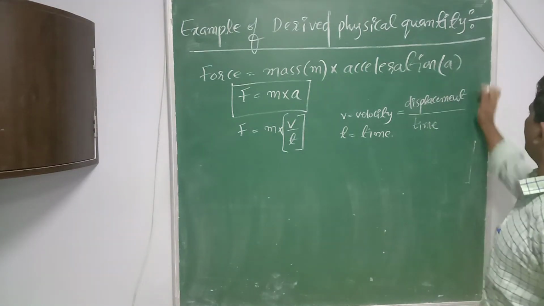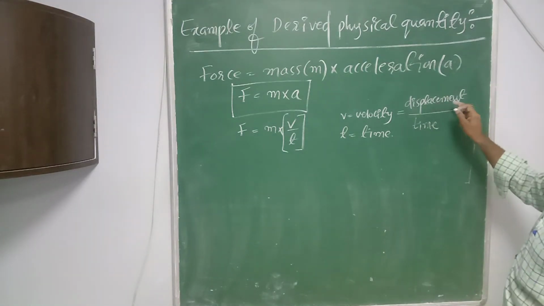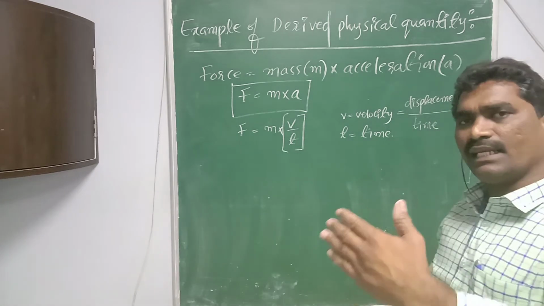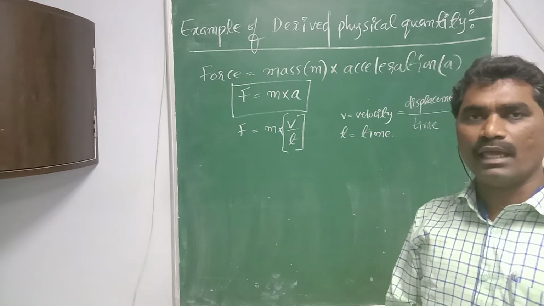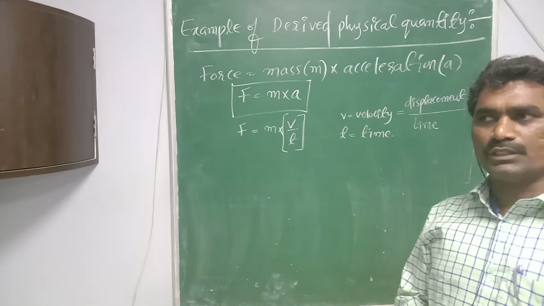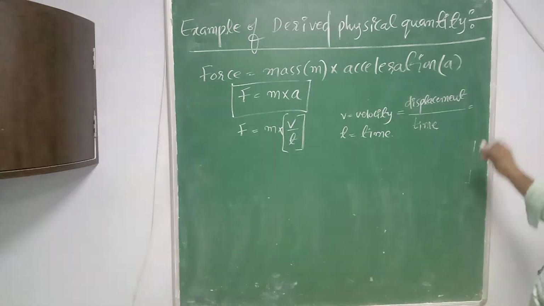Here you see, students, displacement is nothing but the change in the position of an object. There is a change from one position to another position, so it is also taken as a length.